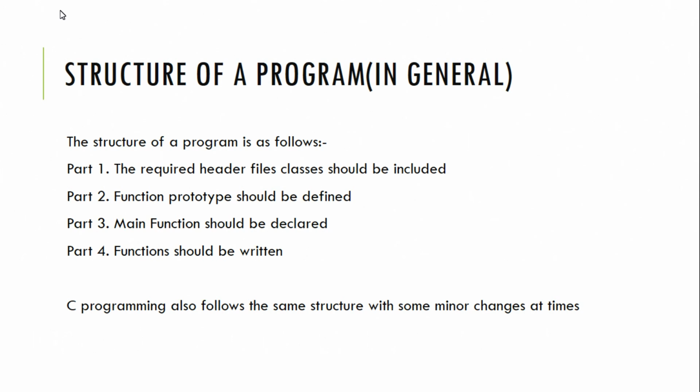The third part consists of the main function. The most important part of a program is the main function. Without a main function, a program will never run. So whenever you write a program, irrespective of any functions you use, always write a main function, because the main function is actually the controller of the entire program.